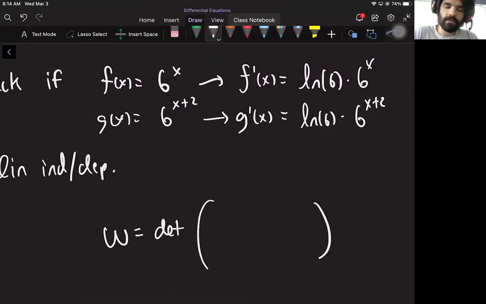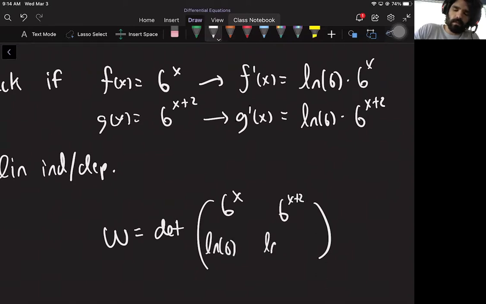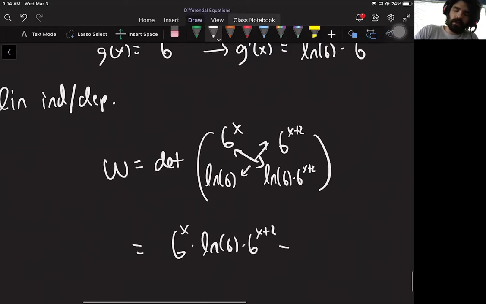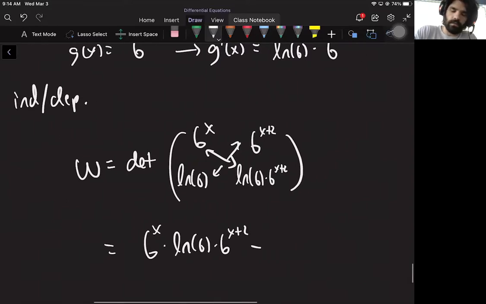Let's see what happens. So 6 to the x, 6 to the x plus 2, put their derivatives underneath. Multiply diagonally and subtract. So this is 6 to the x ln of 6, 6 to the x plus 2 minus, oh, whoops, there should be a 6 to the x right here.